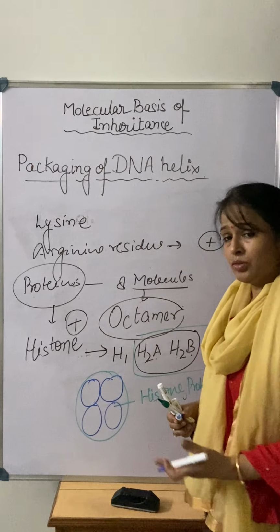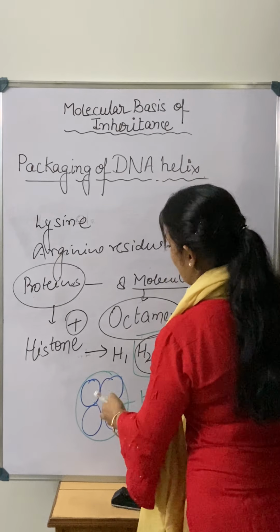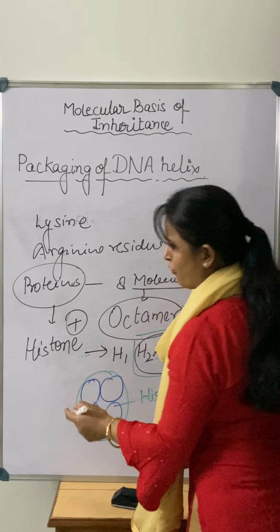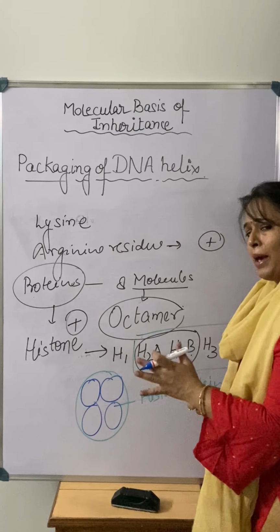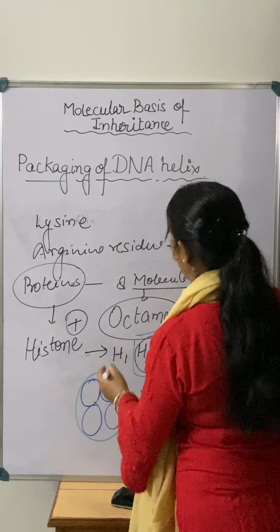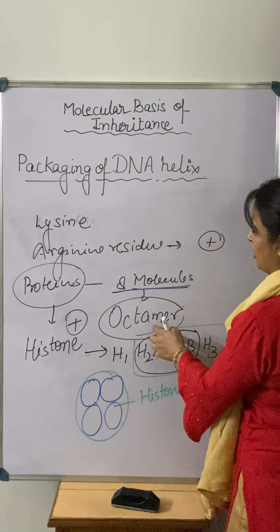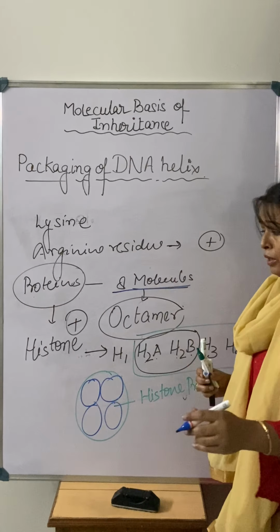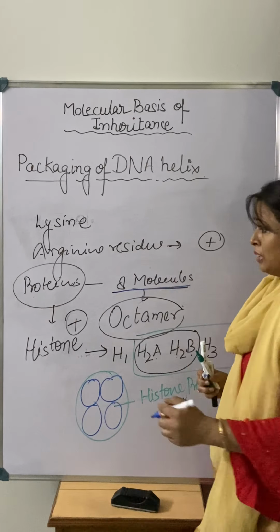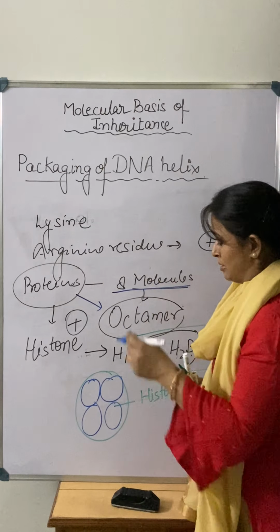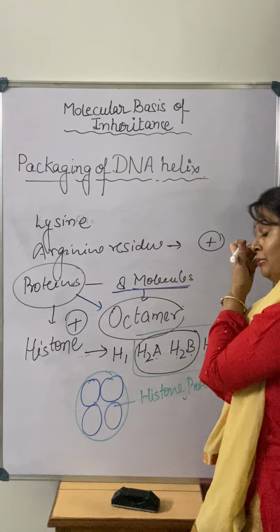This is a 3-dimensional figure, so you can see 4 of the structures from here and 4 on the back side. By this they make an 8-molecular structure, and we call it an octamer. That 8-molecular structure of the protein is known as an octamer, and the protein itself is known as a histone protein. After that, what happened?